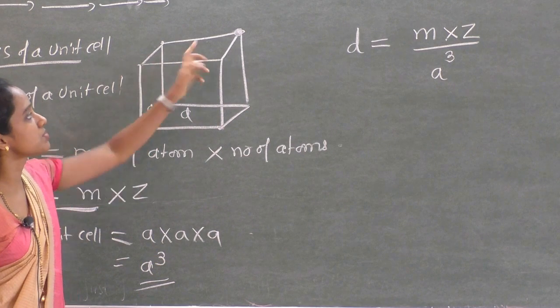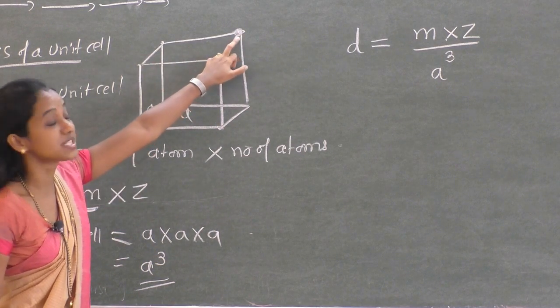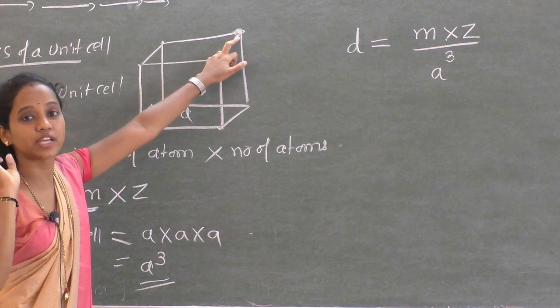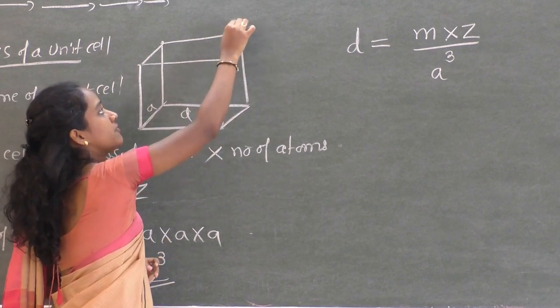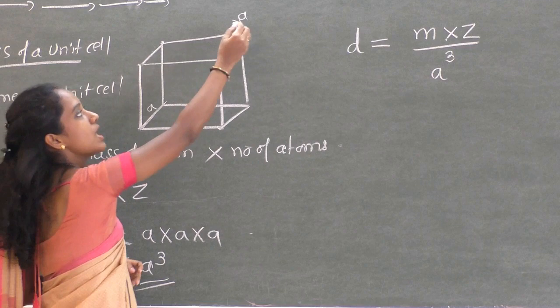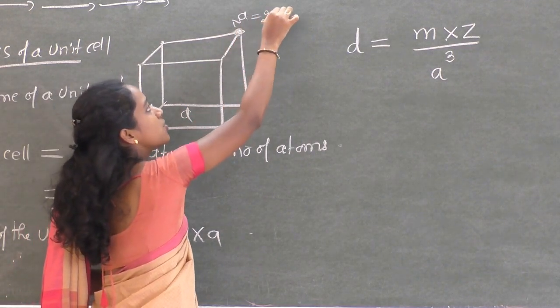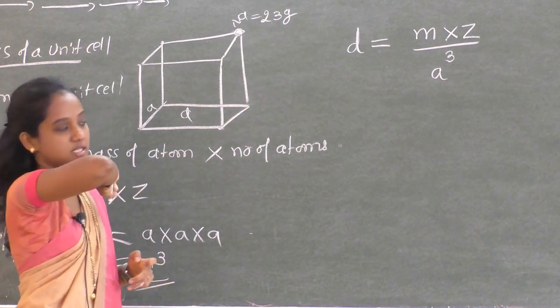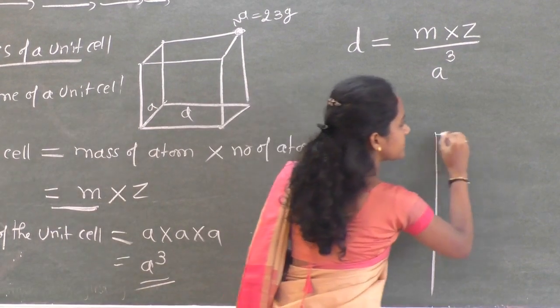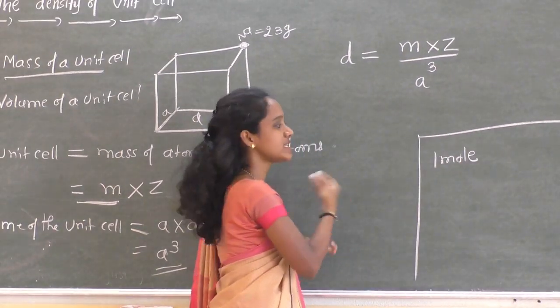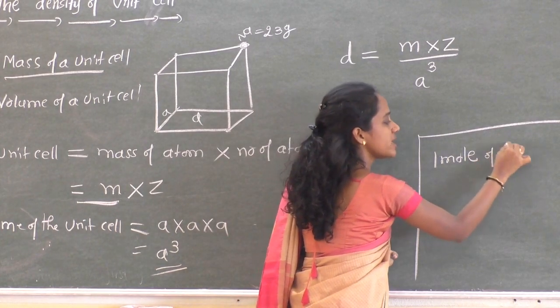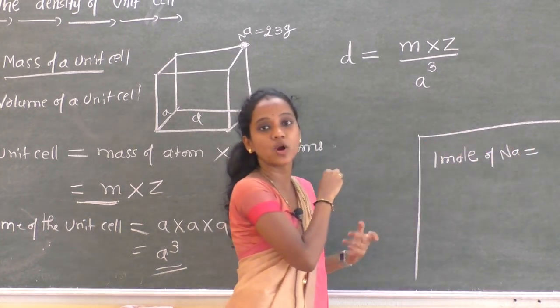So is it possible to calculate the mass of a single sodium atom? Directly we cannot calculate it, because if it is sodium, we know the molar mass of sodium, right? It has 23 grams molar mass. We know that 1 mole of any substance, or 1 mole of sodium, always contains what?